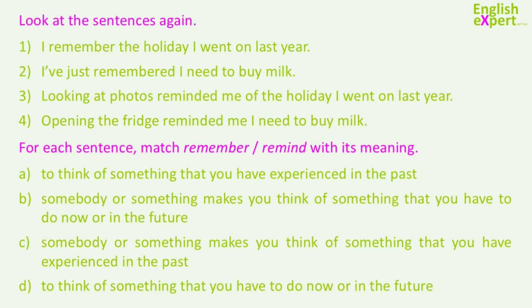Meaning B, somebody or something makes you think of something that you have to do now or in the future. Meaning C, somebody or something makes you think of something that you have experienced in the past. Meaning D, to think of something that you have to do now or in the future.